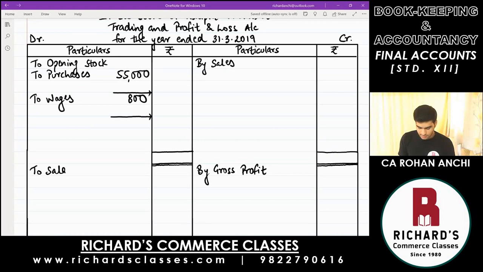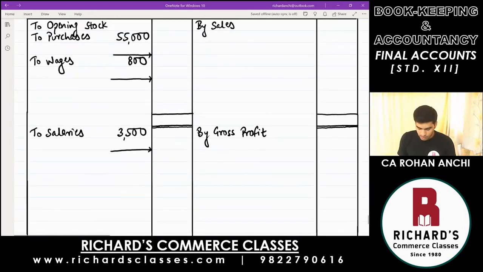To salaries, inner column 3,500. Then discount. Continue in profit and loss account. To discount. Amount is 800.